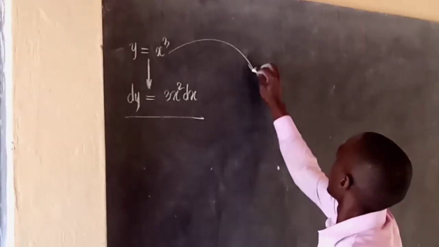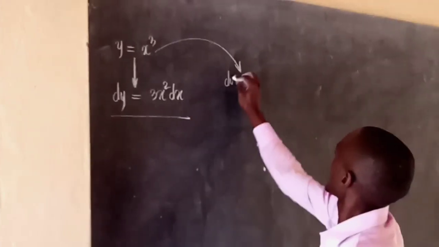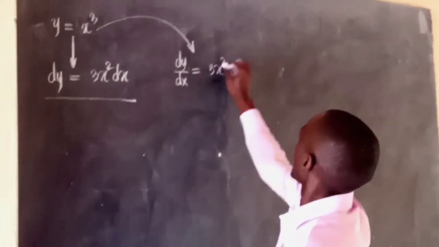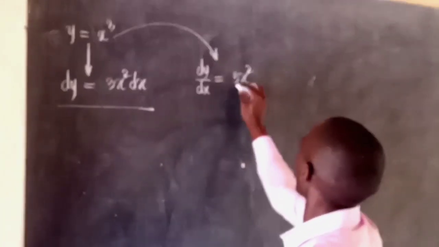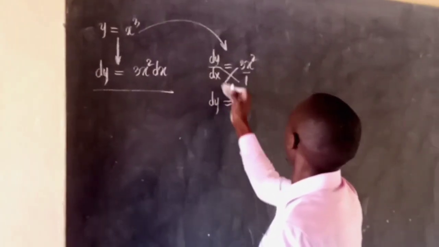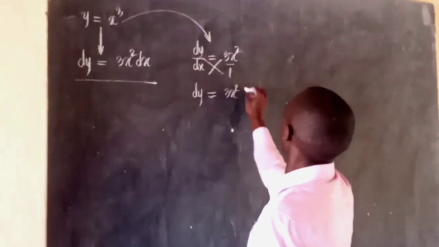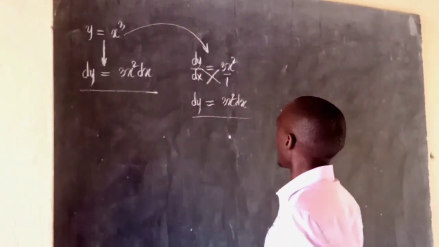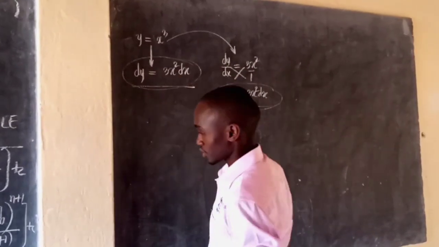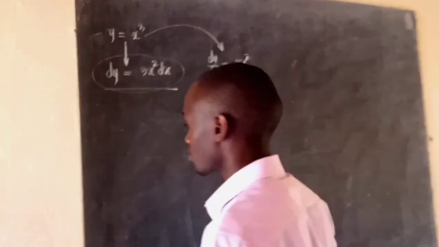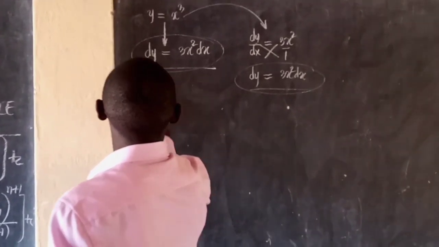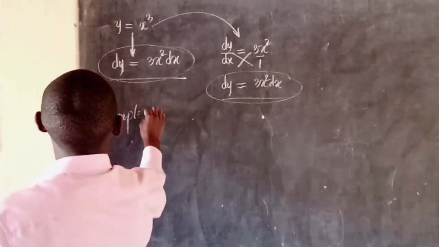Yet still, one would say in the same style that dy by dx is the same as 3x squared, and then later cross multiplies. 1 times dy is dy, and this times the other gives us 3x squared dx. However, this end result after cross multiplication is the special interest. Without wasting much ado, let's look at examples.